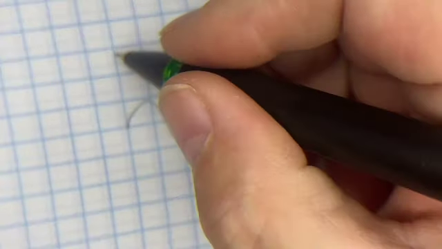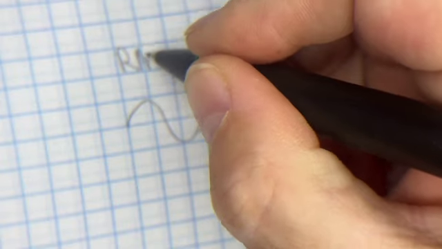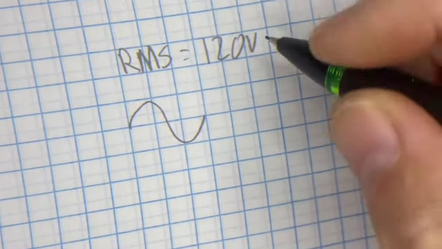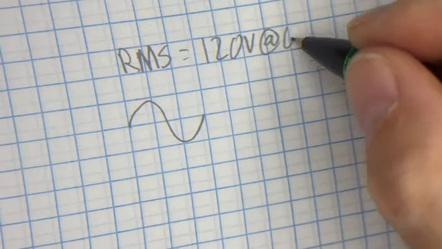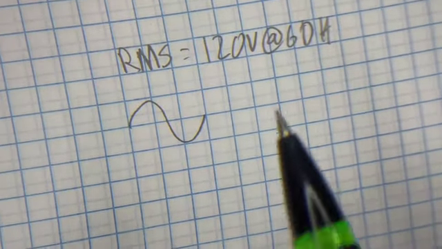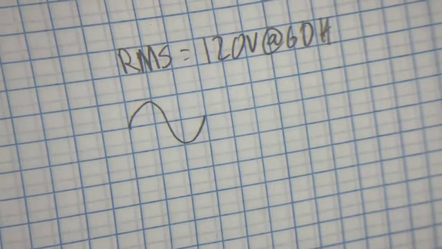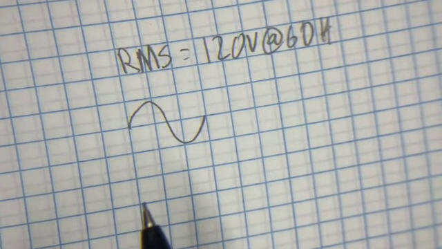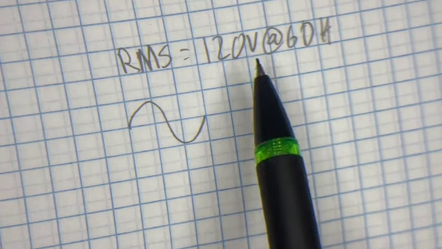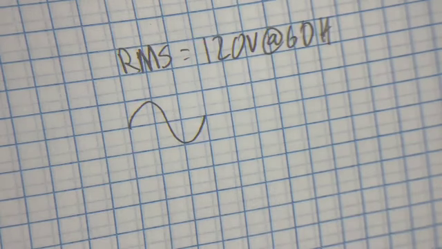It has an RMS value in America of about 120 volts at 60 hertz. Hardly anything will run on this particular voltage. In fact, the only thing that I can think of offhand that could actually make use of this particular voltage is an incandescent light bulb.